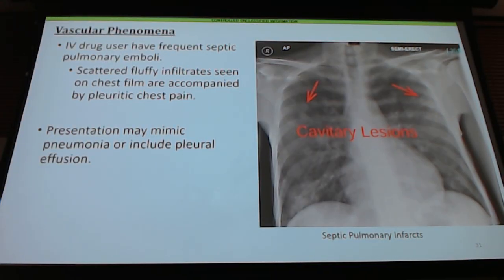If you have an IV drug user or somebody who has right-sided infective endocarditis, then that stuff that breaks off can get sent to the lungs, and now you start getting septic pulmonary emboli.